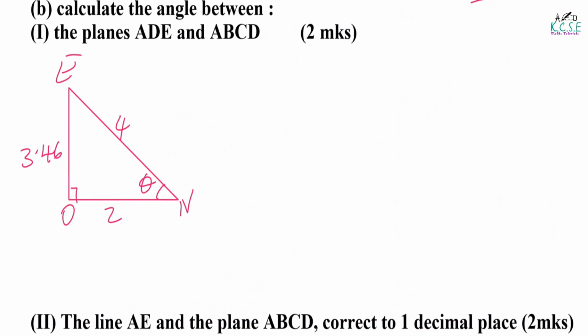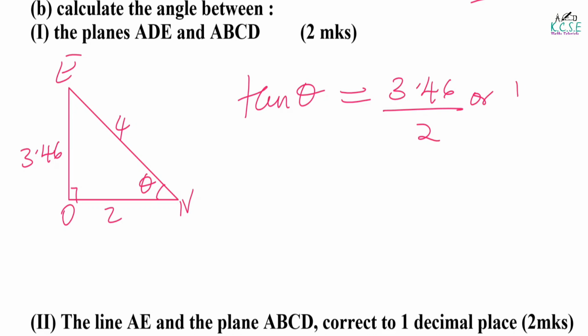So to get that, we can use trigonometric ratios. In this case, we can use tangent or cosine or sine, any. So let me choose to use tangent. So tangent of this angle is opposite over adjacent, or you can just give it in surd form, root of 12 over 2. So this gives 1.732.